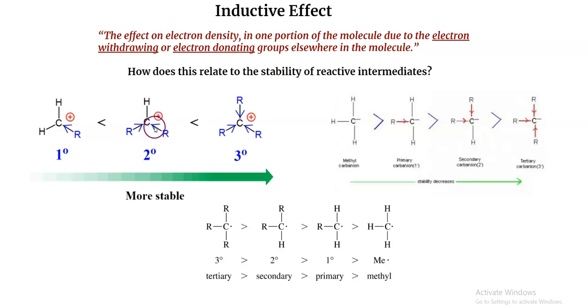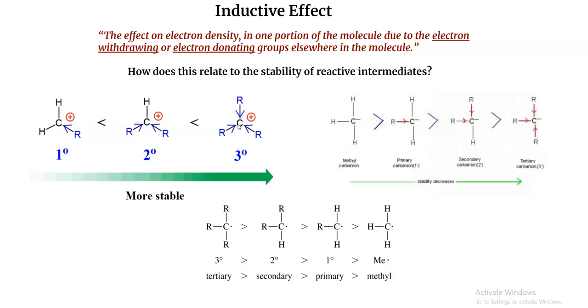okay, through the sigma bond. It's a different donation than the hyperconjugation. In hyperconjugation, the donation was through the carbon-hydrogen sigma bond. Here it's through the carbon-carbon bond. So if there are electron donating groups like alkyl groups around the carbocation, those are going to make the carbocation more stable. And that is also one reason why the tertiary carbocation is more stable than the primary, because there are 3 alkyl groups and they are going to push the electron towards the positive center, making it less positive and more stable.